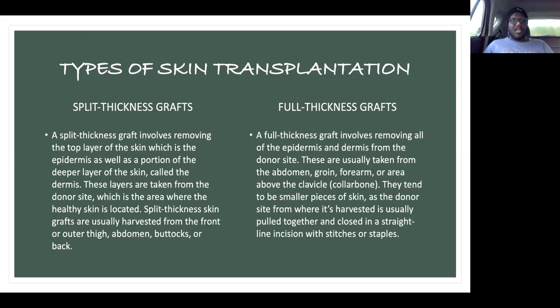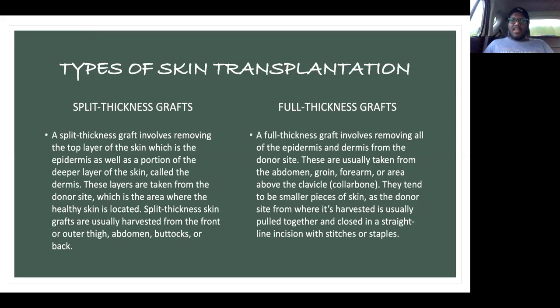So now let's see what the types of skin transplantation are. There are two types of skin transplantation or skin grafting: split thickness grafts and full thickness grafts. Let's see about split thickness graft. Split thickness graft involves removing the top layer of the skin, which is the epidermis, as well as a portion of the deeper layer of the skin called the dermis.